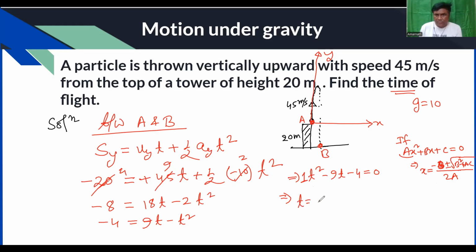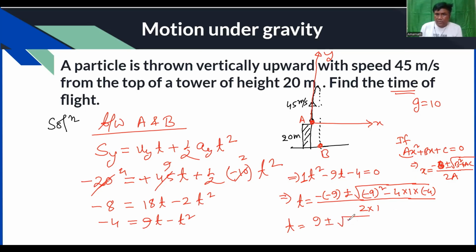And C is -4. So t is equal to minus b, that is minus of -9, plus minus square root of b square minus 4ac, 4 into 1 into -4, by 2 into 1. So the time will be 9 plus minus square root of 81 plus 16, that is 97, by 2.